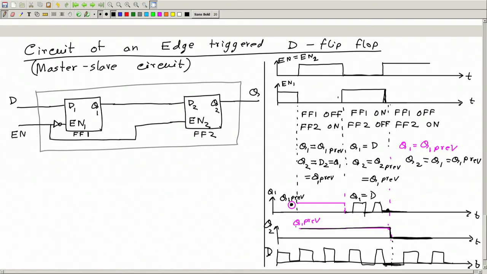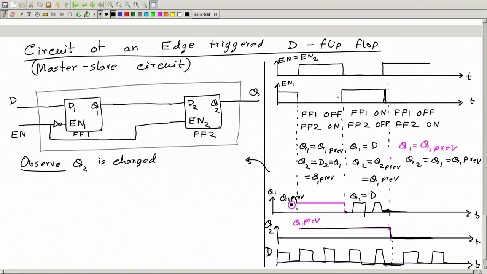Now you observe, with all this analysis, Q2 is changed when enable goes from negative to positive at this instant. Follow the pointer.